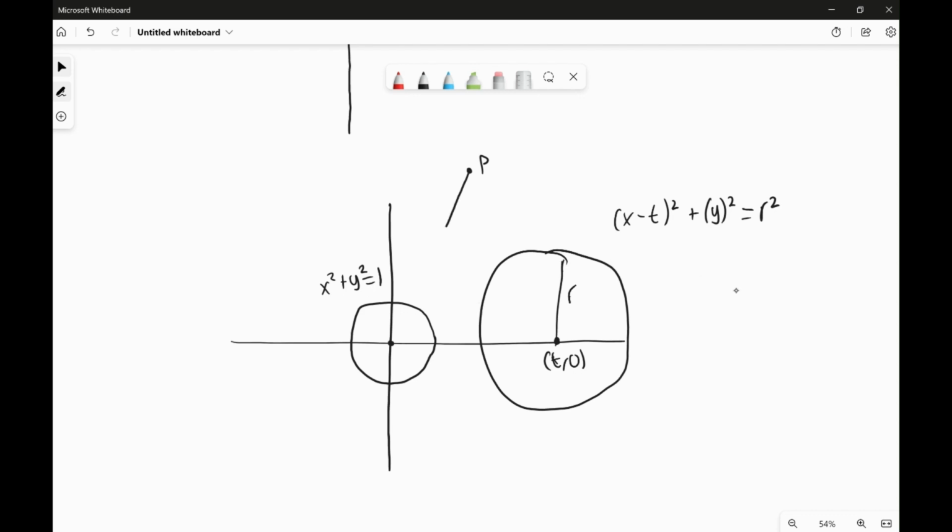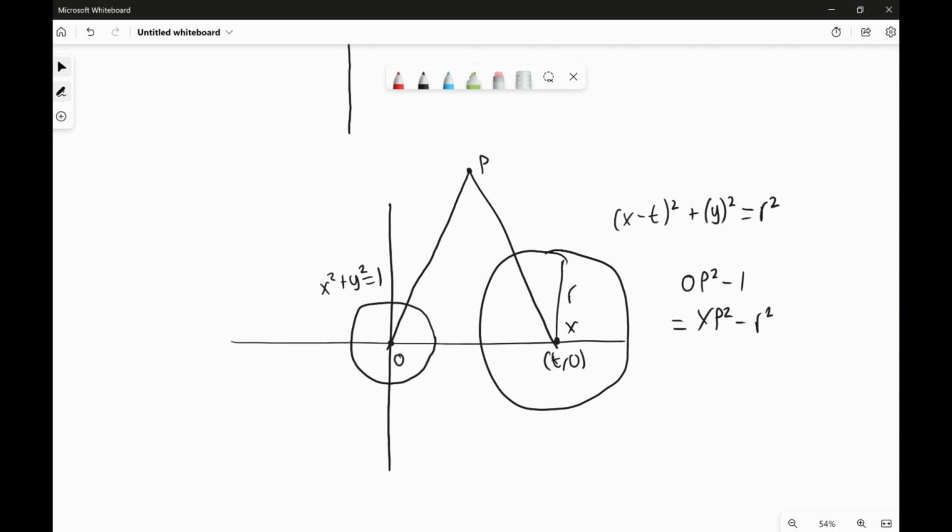So what we can do is draw the lines towards each one. So this is, suppose, point O and then point X. And then the power with respect to this circle here is equal to OP squared minus the radius squared, which is 1. And we want it to be equal to XP squared minus the second radius squared, r squared.